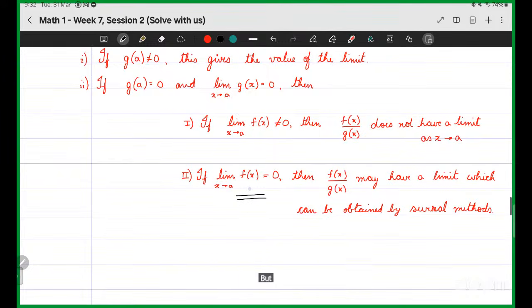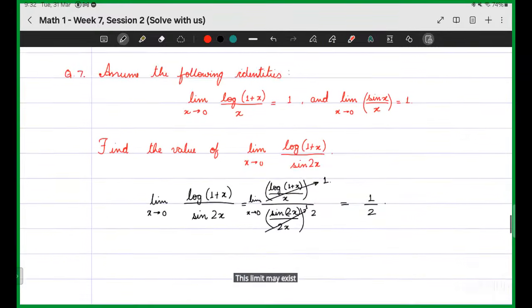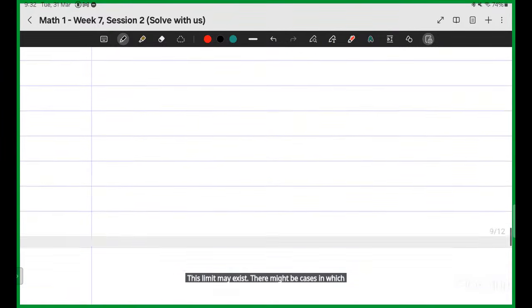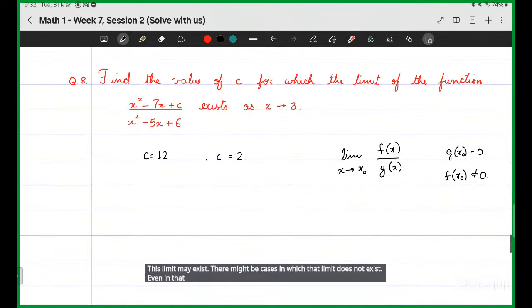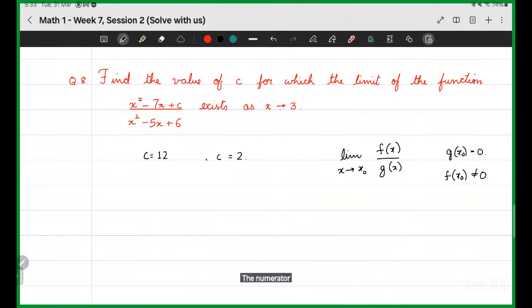But if this is equal to 0, then there is a possibility that this limit may exist. There might be cases in which the limit does not exist even then. But if f of x naught is not equal to 0, then there is no chance. So what we require is that the numerator at the limiting value, which is 3, we need f of x naught to be equal to 0.